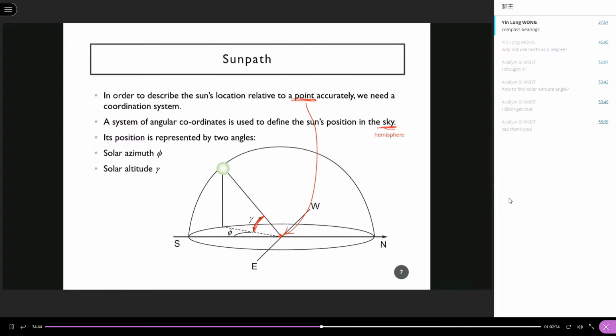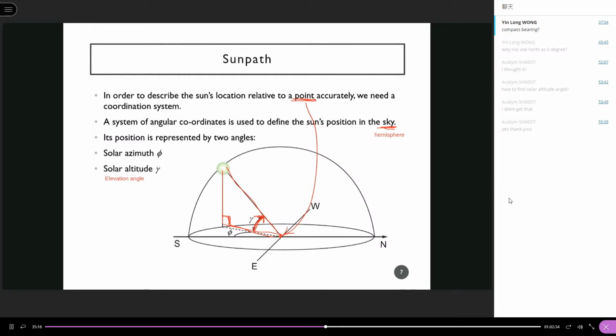It is measured along a vertical plane containing the sun. This is the vertical plane containing the sun, and it is perpendicular to the ground. It is measured from the horizon.